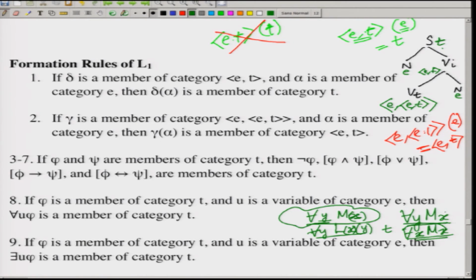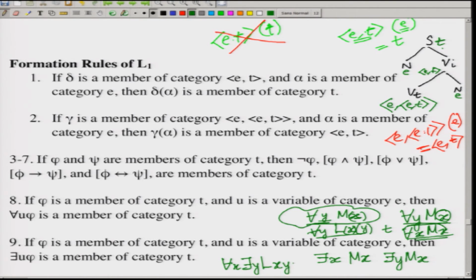But here, because there is one free variable in the whole construction, it is not a statement. We need to sort of revisit whatever we have seen so far through this language. Similarly we can construct ∃x Mx or ∃y Mx, or ∀x∃y Lxy.